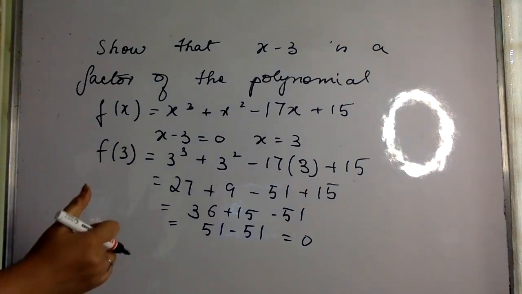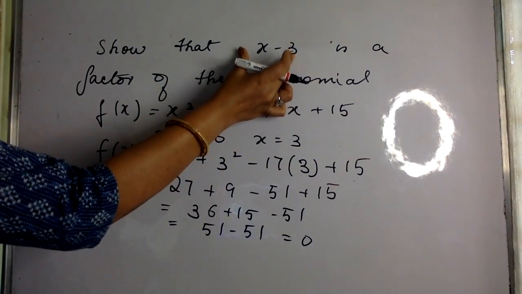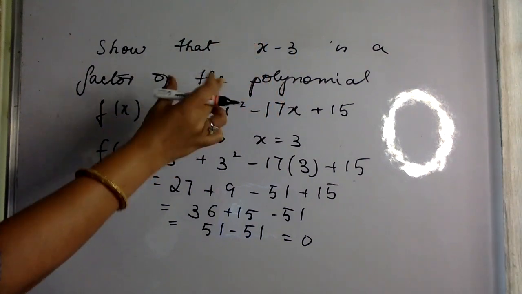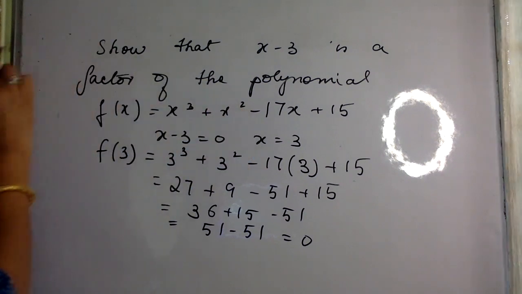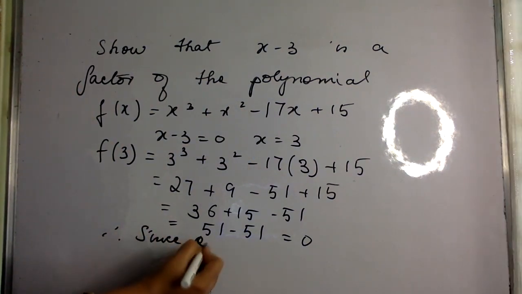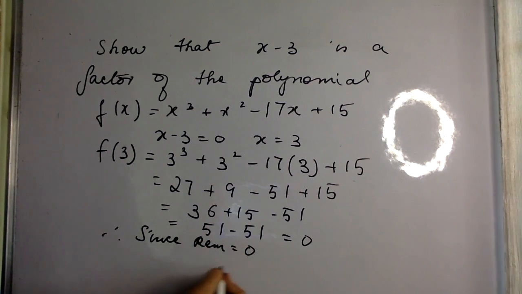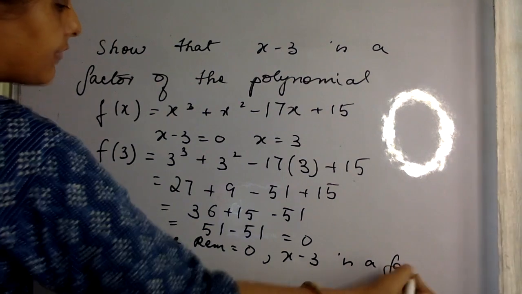Means I had told you that if the remainder is 0, the given factor, this expression, is a factor of this. Therefore, since the remainder is equal to 0, x minus 3 is clearly a factor.